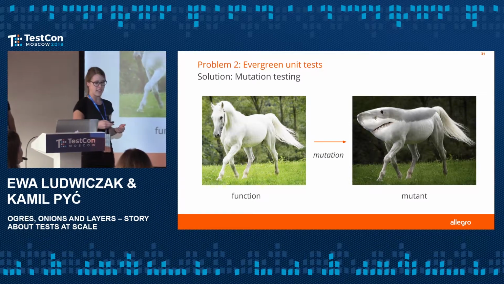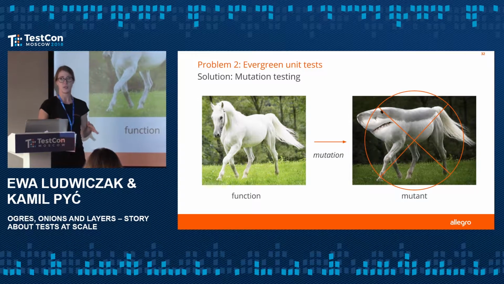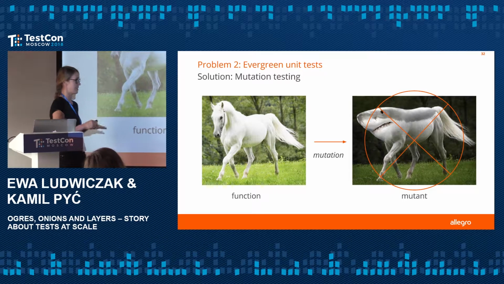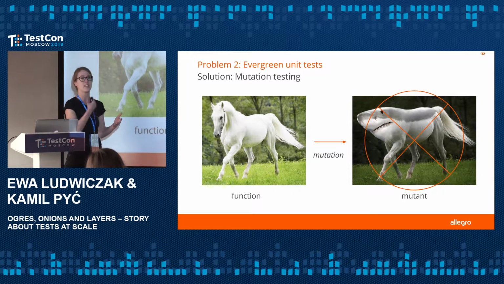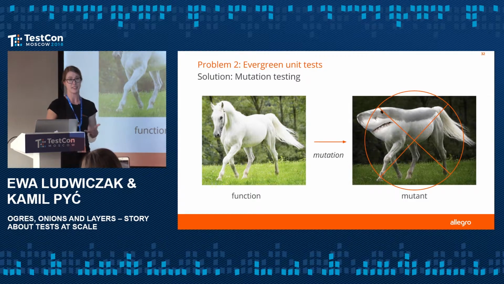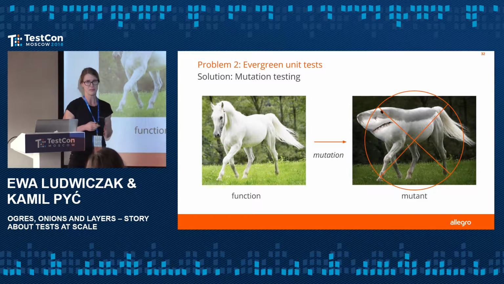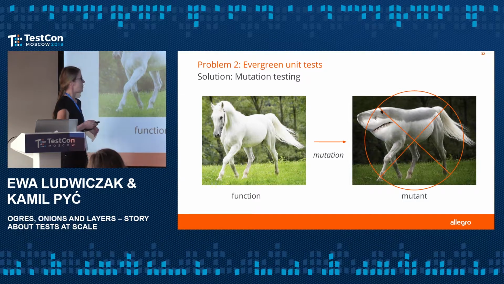And then we run our tests again. If the tests detect mutants, they should fail. It means that the tests are checking the application's logic and they detect that something has changed. But if the tests pass, it means that they are evergreen unit tests and something is wrong here. So no mutants should survive, ever. Our tests should always detect them.